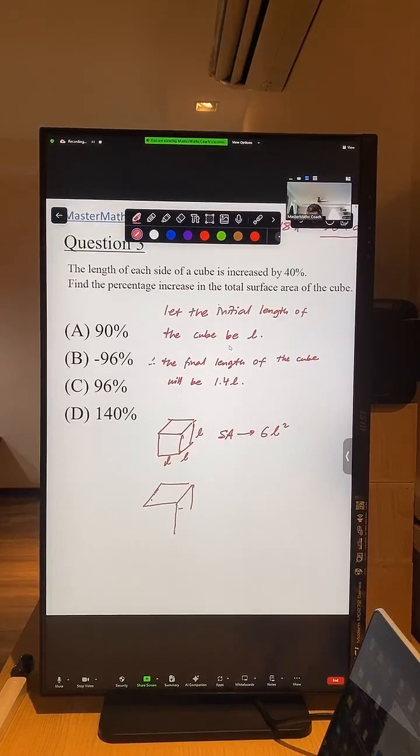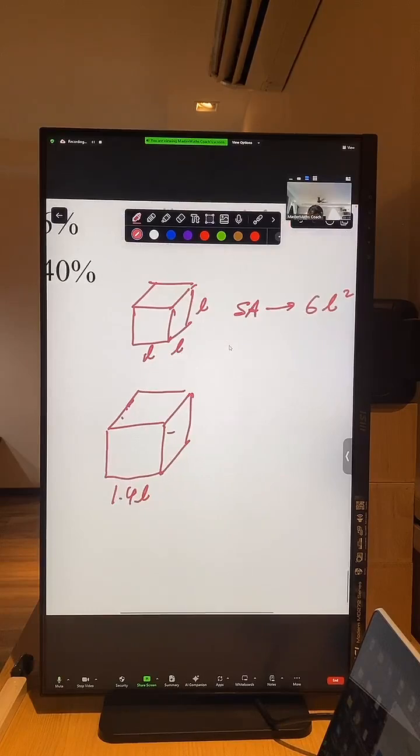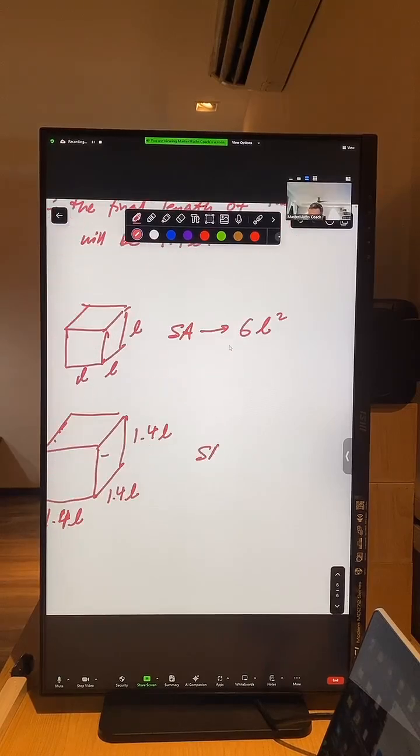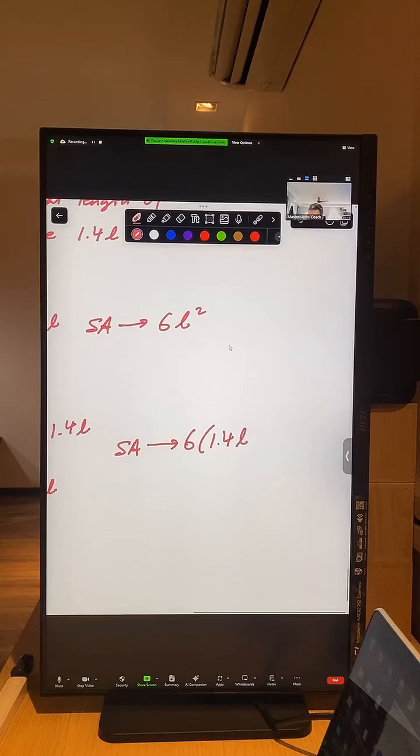So now the side will be 1.4L. So my surface area now will be 6 times 1.4L square.